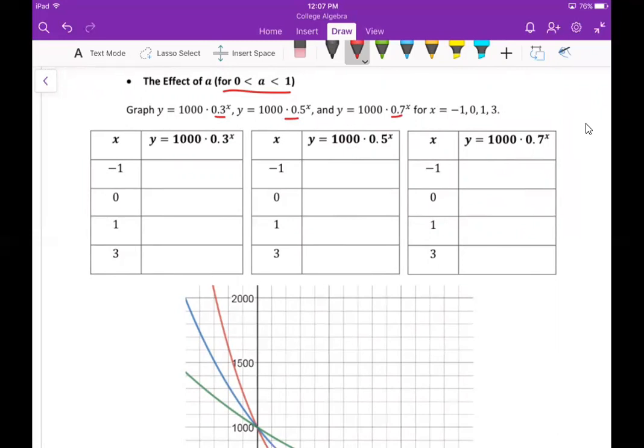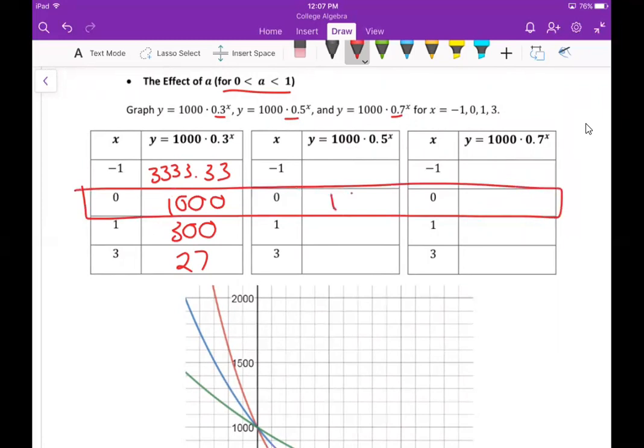For this one, you should have gotten about 3,333.33 for -1, 1,000 for 0, 300 for 1, and 27 for 3. Again, all of these zeros will be the same because all the initial values, the C's, are the same for these functions. But what happens when I change from 0.3 to 0.5?